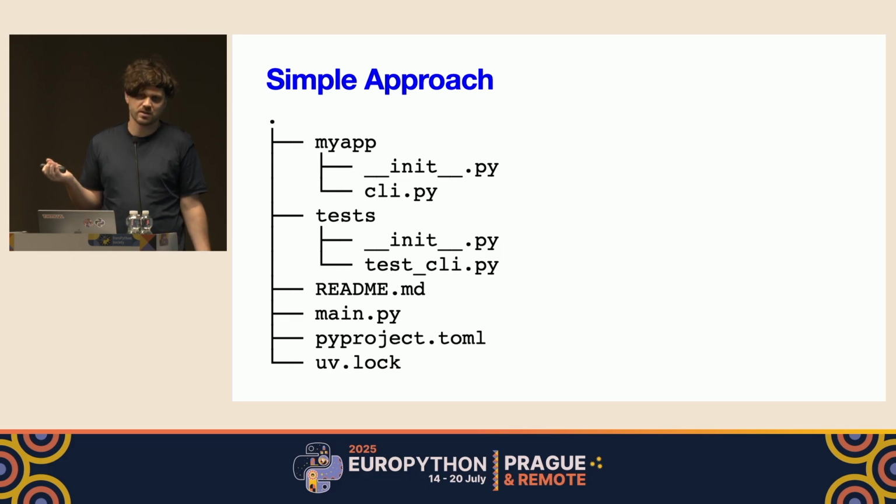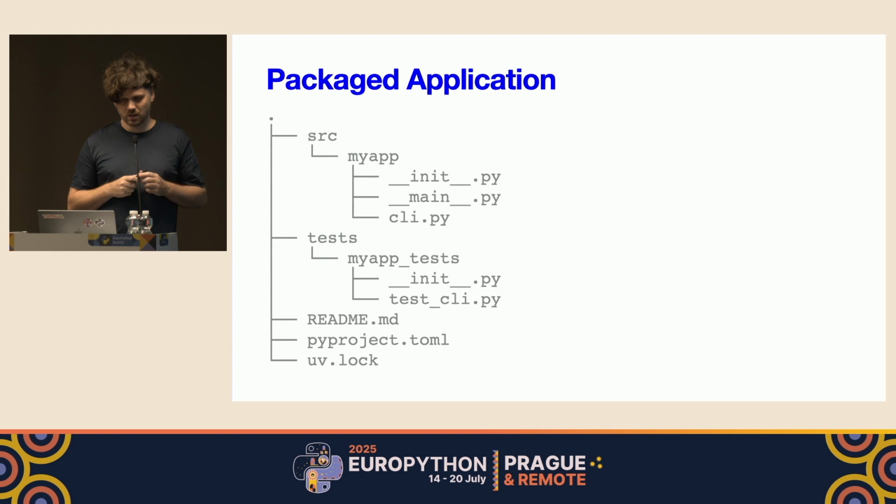I call this approach simple, but I don't think that it would be inferior. It's just like what Python was always. But if you find yourself somehow re-implementing parts of pip, maybe it's time to package your application properly.